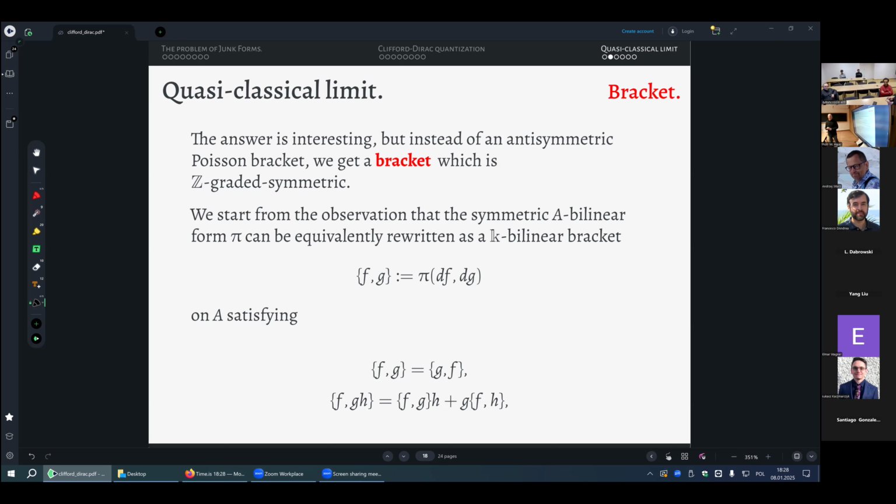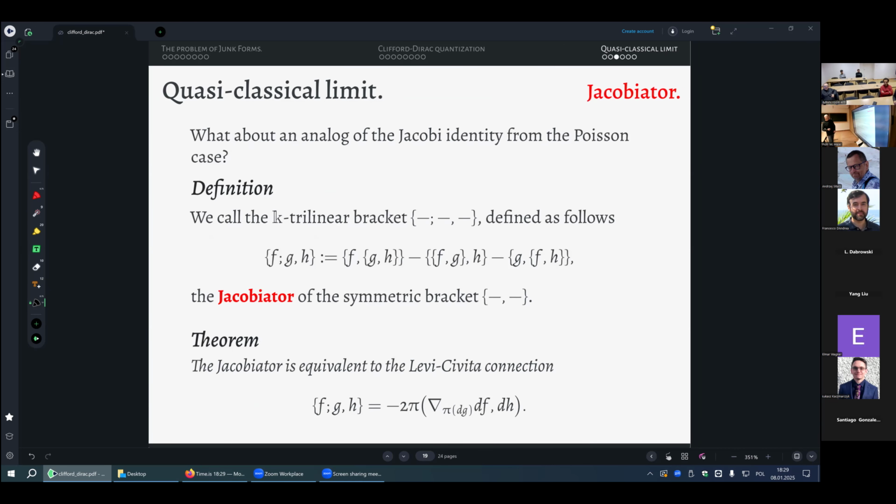However, remember, a Poisson bracket is first of all anti-symmetric and satisfies the Jacobi identity. So what about the Jacobi identity? First of all, we have to define an analog of something which defines the Jacobi identity as vanishing of something which is called the Jacobiator.